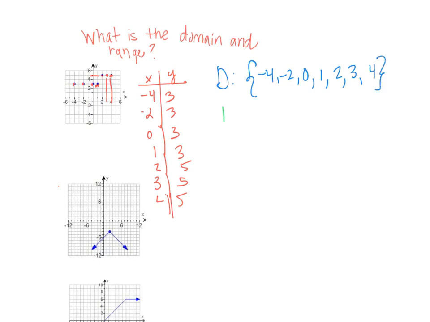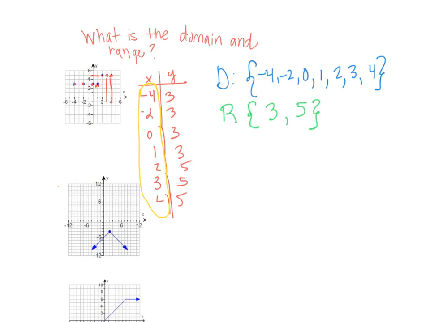The range would have the point 3 and the point 5. Remember that for this to be a function, we can't have repeats in the domain, or the input value, and we don't, so this is definitely a function.